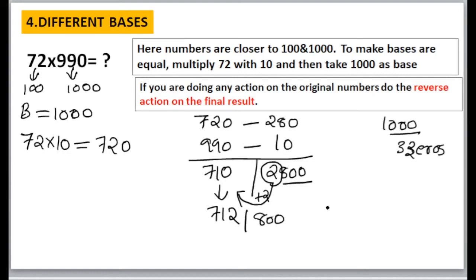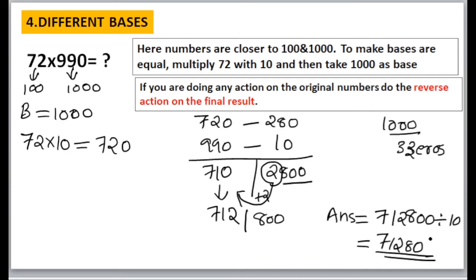So your answer is 712,800 divided by 10, because you have multiplied 72 with 10. So you have to divide the final answer with 10. So 71280 is your answer.